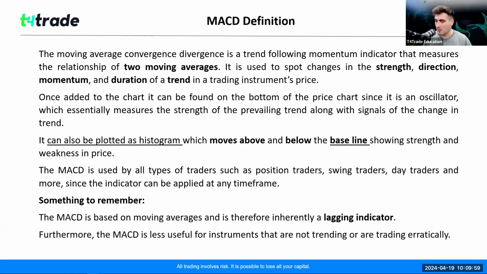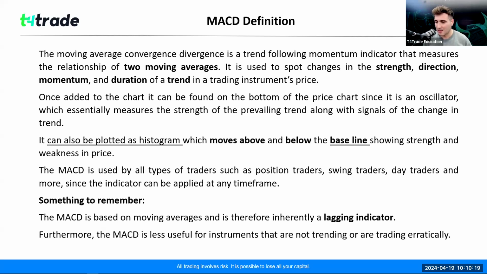Since it is an oscillator, much like RSI, much like Williams %R, much like stochastic, these are all oscillators, which again, at the end of the day, measure the strength of the prevailing trend alongside possible signals of a change in a trend.